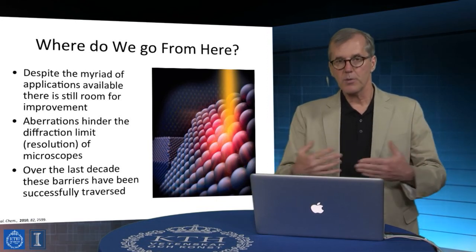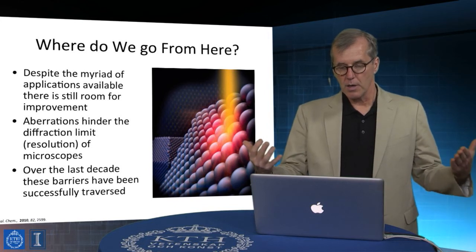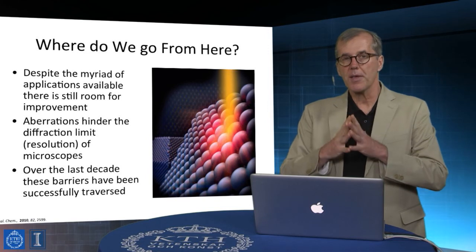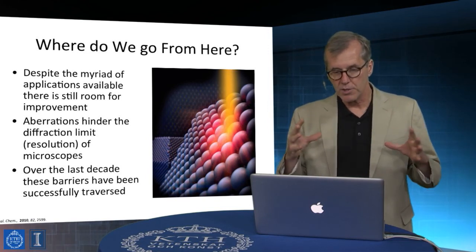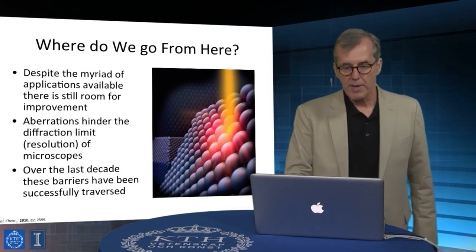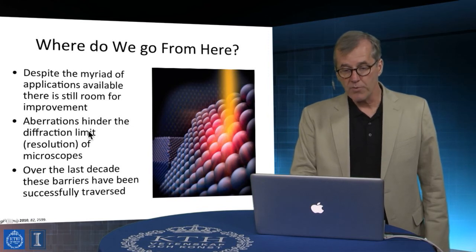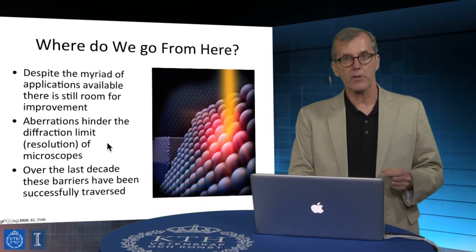I've started alluding to this notion that the microscopes are becoming more capable, and I just want to close by noting some of the things that have happened very recently that I think have totally changed the game of what's doable, and that is the ability to treat and remove aberrations that fundamentally limit the resolution of electron microscopes.